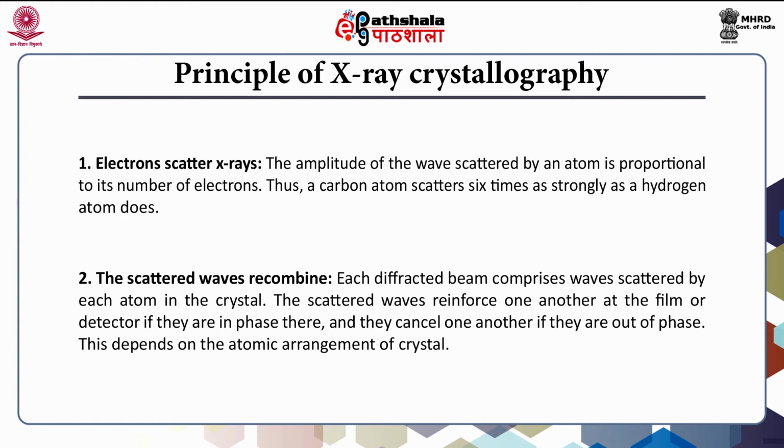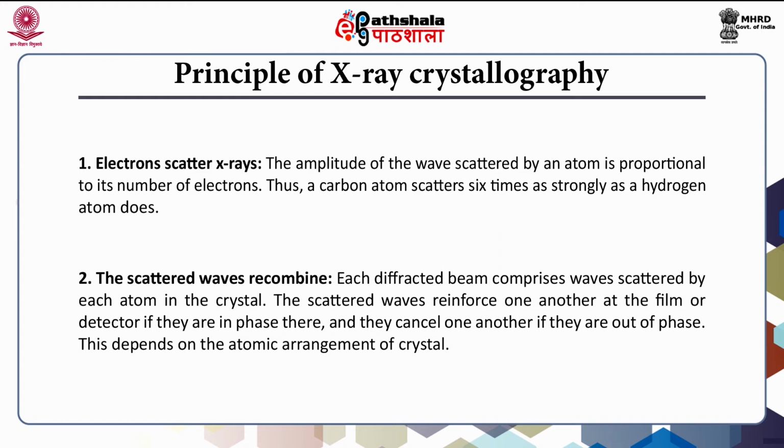If the crest of one wave matches with the crest of another wave, these two waves are in phase. If the crest of one wave matches with the trough of another wave, then these two waves cancel each other. That means these two waves are out of phase.